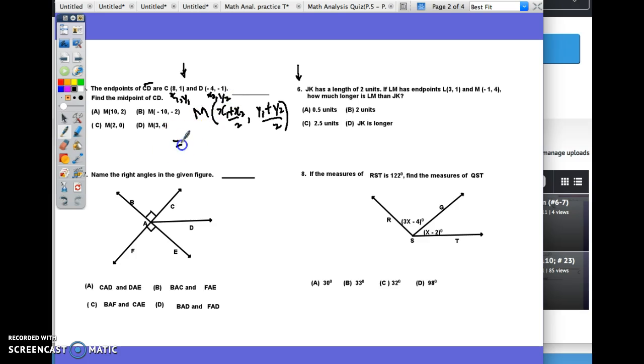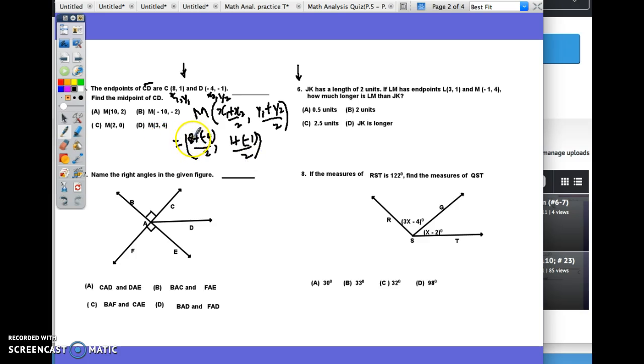And we'll work it out as follows. x1 plus x2 would be 8 plus -4, divided by 2. And the y coordinate would be 1 plus -1, or just 1 minus 1, divided by 2.